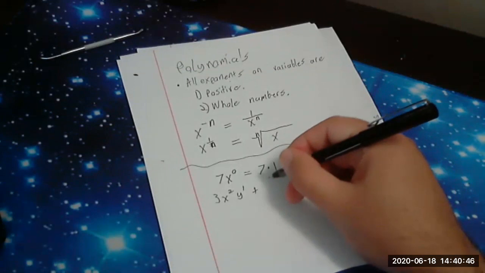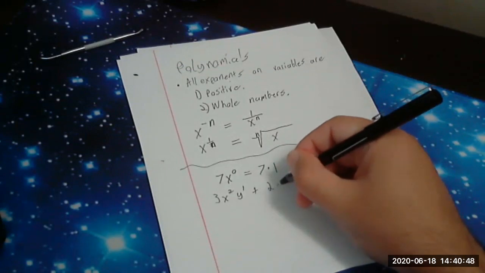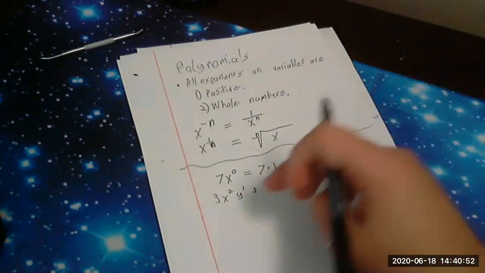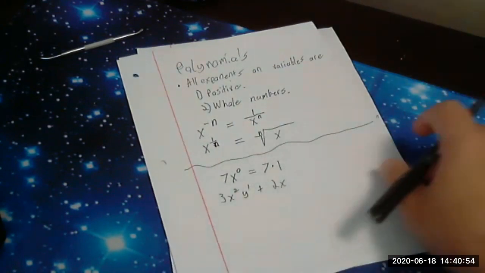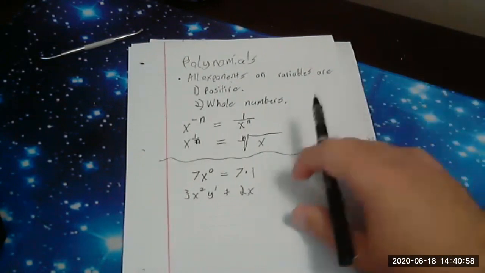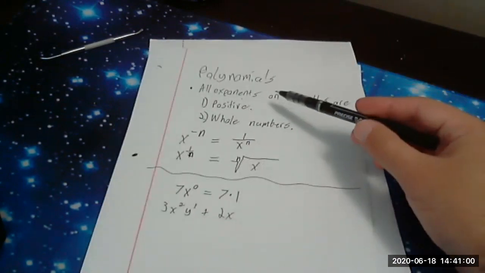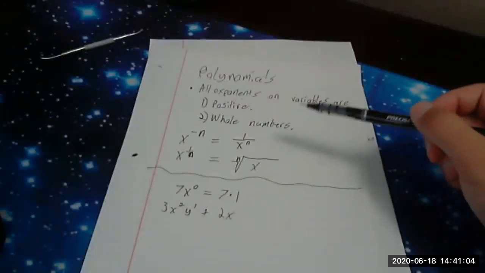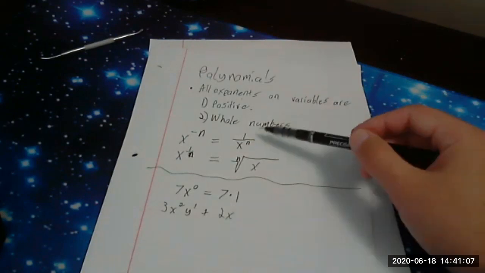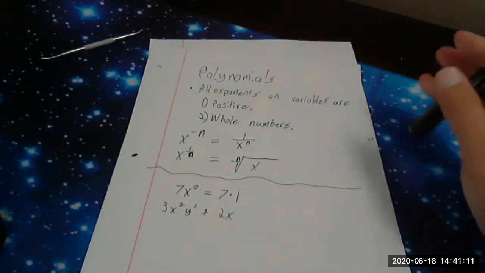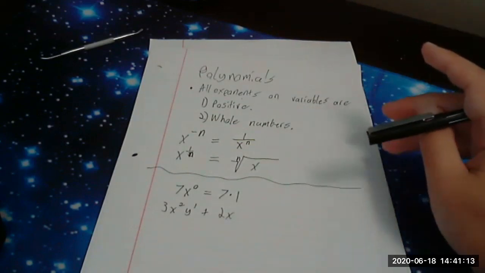So plus 2x, something like that, okay? So this is just one big polynomial, okay? And again, it just follows these 2 rules. If there is an exponent on a variable, it has to be positive, and it has to be a whole number, okay?